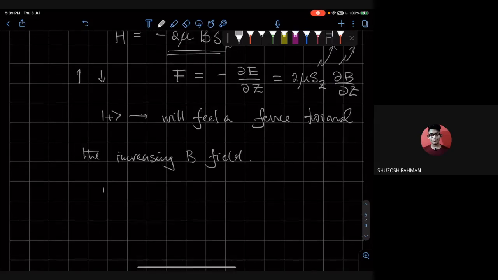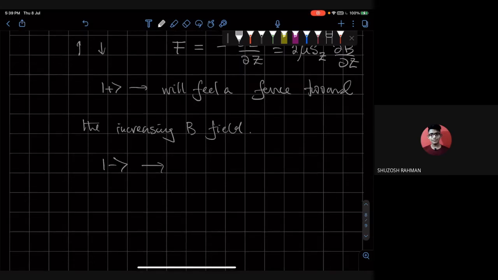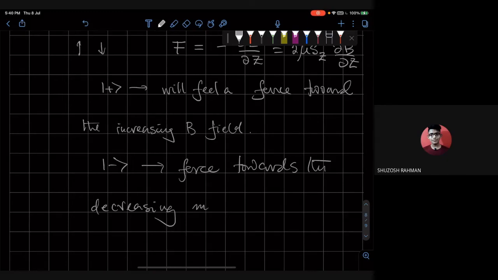And then the spin down state, the negative spin state, is going to feel a force towards the decreasing magnetic field.